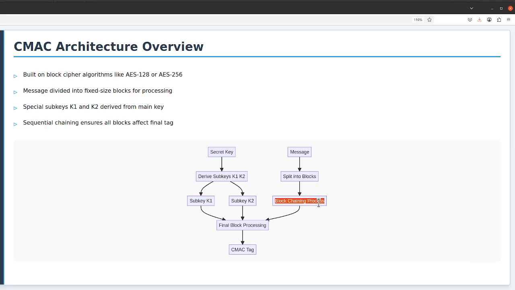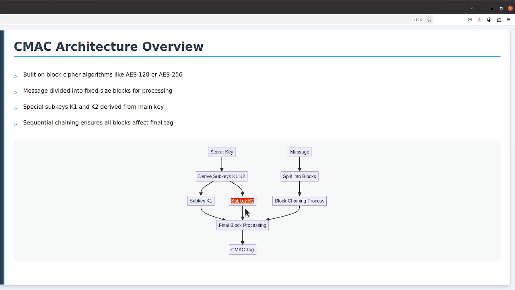What makes CMAC special compared to simpler constructions is how it handles the last block and uses special subkeys. CMAC generates two subkeys from the main key through a mathematical operation. These subkeys, typically called K1 and K2, are derived by encrypting a zero block and then applying specific polynomial multiplications in a mathematical structure called a Galois field. Do not worry if the math sounds complex.